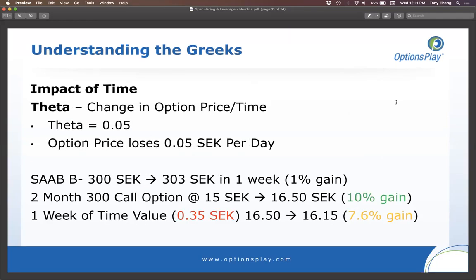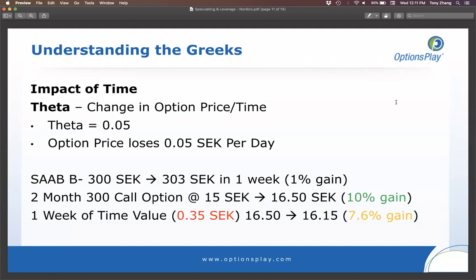Now let's talk about theta, because option contracts have an expiration date. We talked about a March expiration in the AstraZeneca and the JM example. One of the more difficult parts to understand about options is that as an option contract approaches the expiration date, it actually decreases in value.